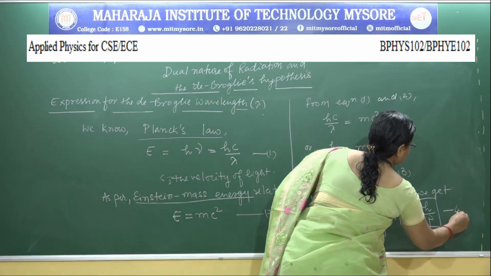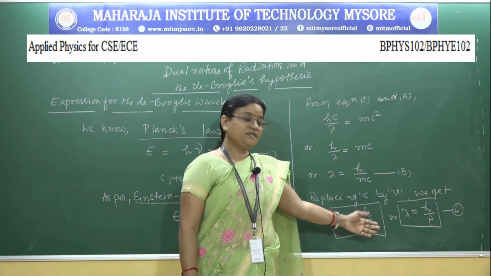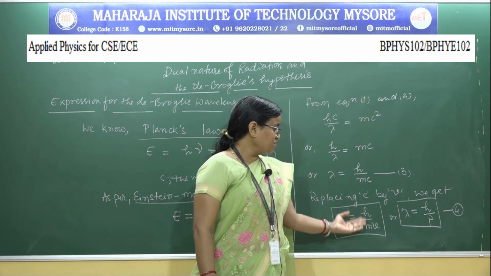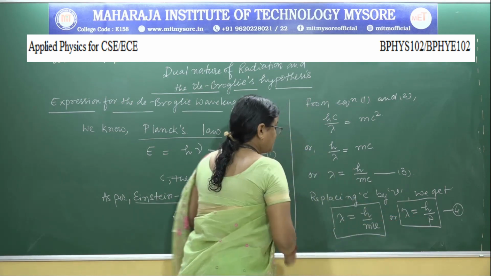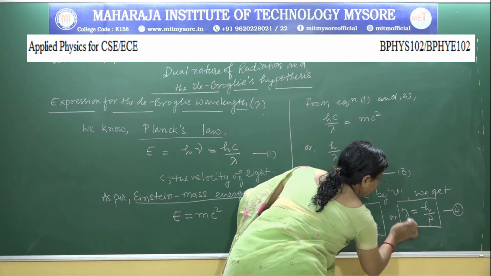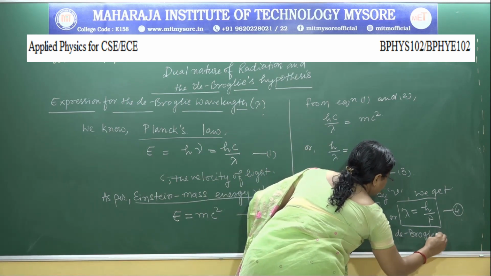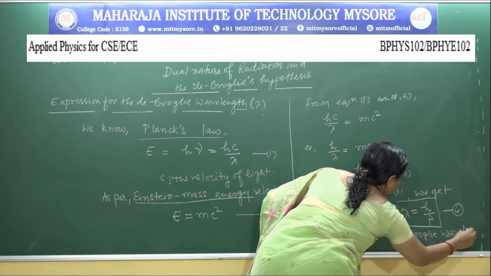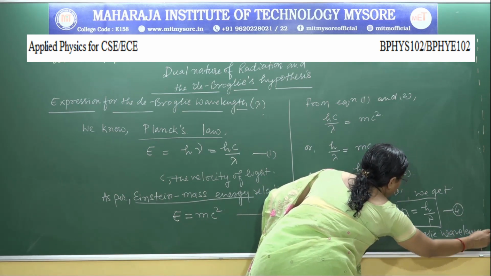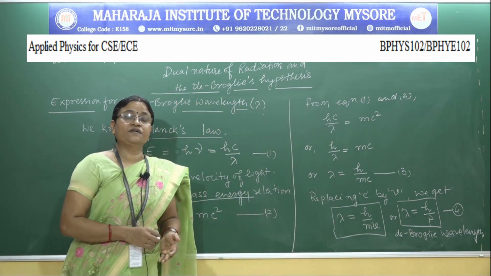So, this expression 4, as already explained, lambda is equal to h by mv, or lambda is equal to h by p, is the expression for the de Broglie wavelength.